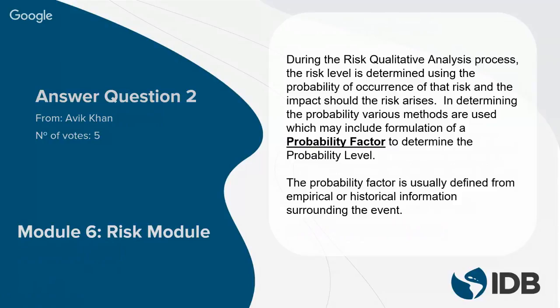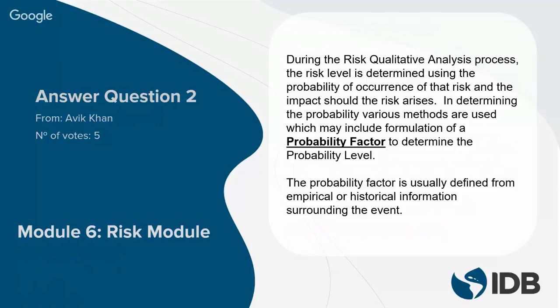And basically what it tells us is that during the qualitative risk analysis process, and maybe also the quantitative analysis process, typically what you would do there is you determine the risk level using the probability of occurrence of the risk and the impact should the risk arise.